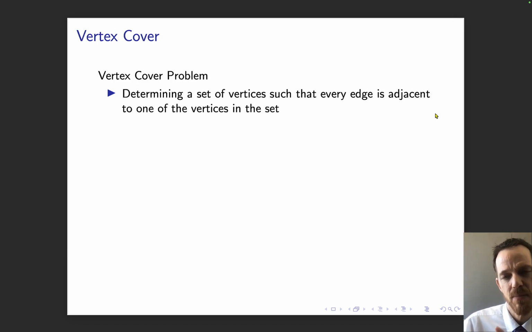Let's talk about an example of applying this. Let's use vertex cover. And just to refresh your memory, I'm going to go over what vertex cover is again.